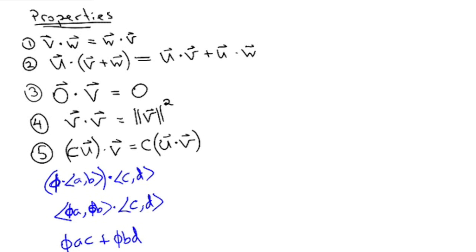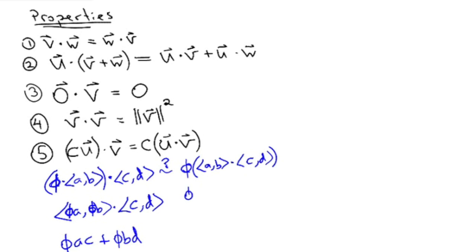Now, one way of proving it is to rip it apart differently, but I think it would be easier just to go to the other side and show it comes out to be exactly the same. So the other side: you have to do u dot v first here, so you go phi times <a, b> dotted with <c, d>.